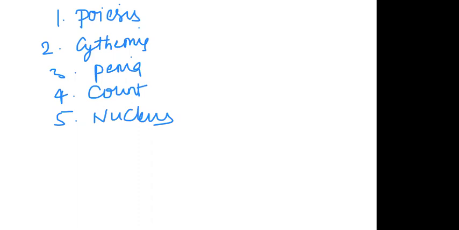Search for poiesis like erythropoiesis, hemopoiesis, leukopoiesis, and polycythemia, thrombocythemia, leukocythemia, lymphocythemia, then erythropenia, leukocytopenia, thrombocytopenia, then RBC count, WBC count, platelet count, and nucleus of all the cells like RBC, and in the WBC, all 5 types of cells: eosinophils, basophils, neutrophils, lymphocytes, and monocytes.